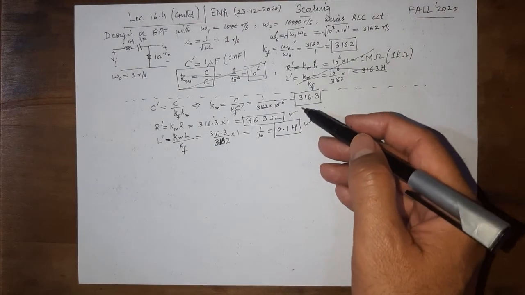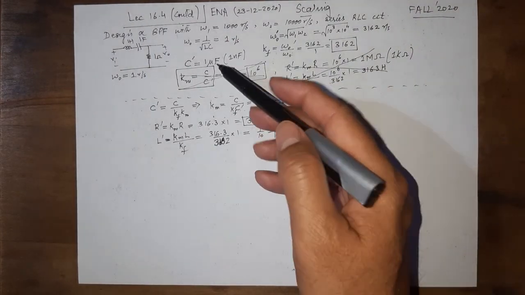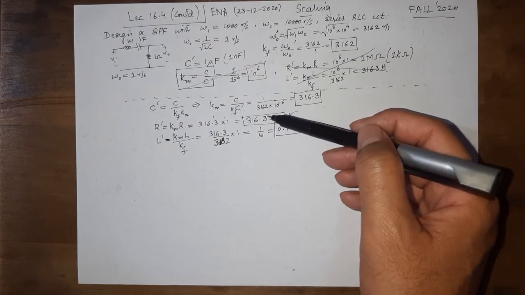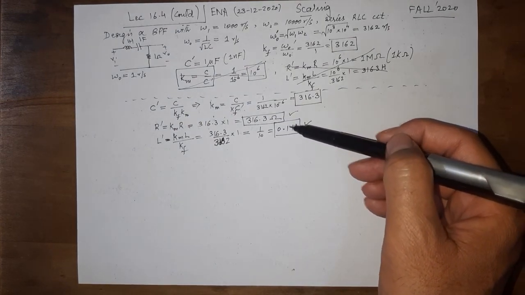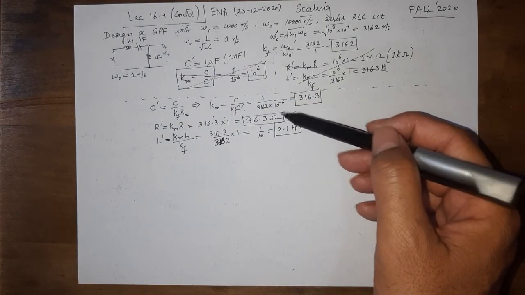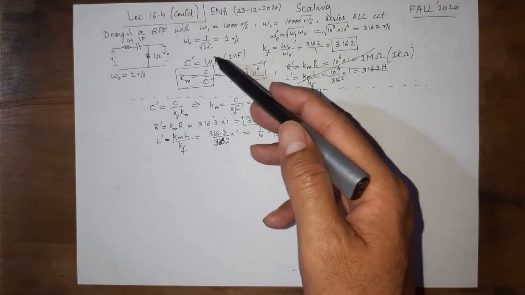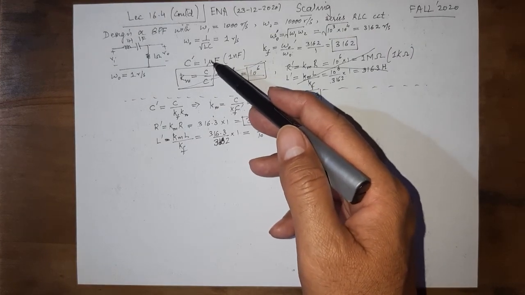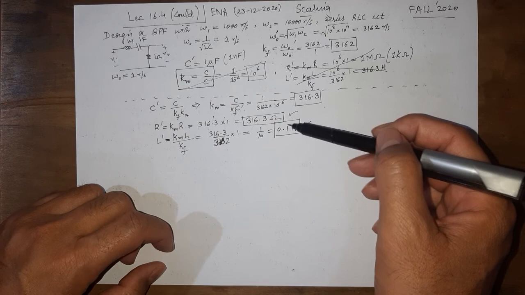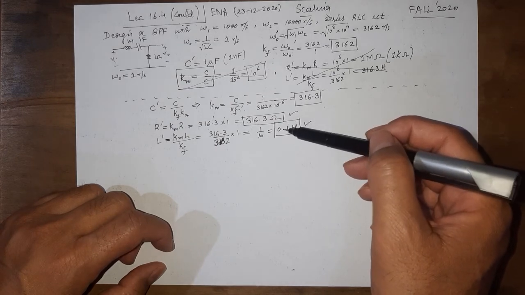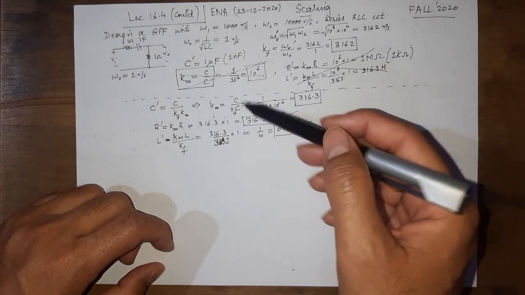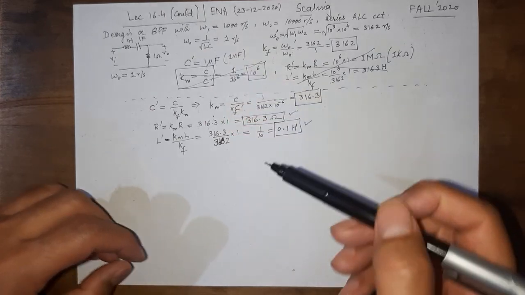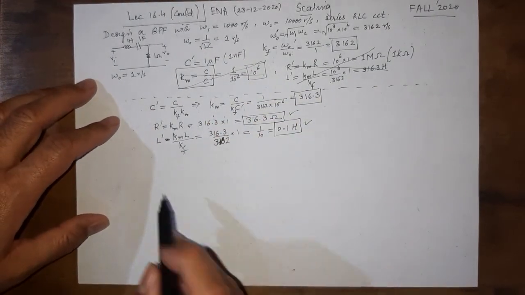And if these values, 1 microfarad, 316.3 ohm and 0.1 Henry, are not acceptable to you, try to come up with a better initial start. For example, suppose you are limited in what options you have for the L, then instead of starting with C dash, it is not necessary to start with C dash.